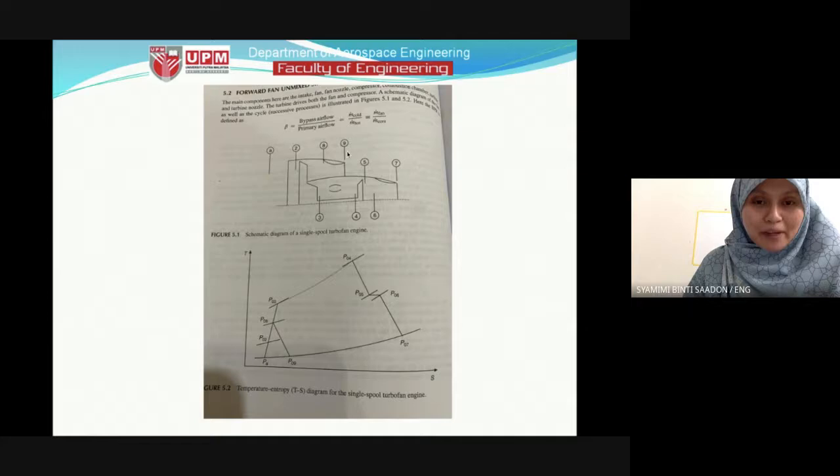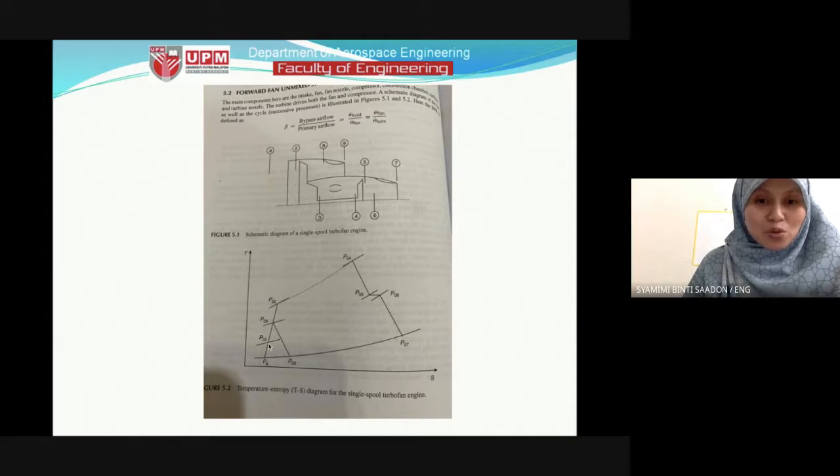So this is the bypass, and this is the core engine, the primary flow. So 8 to 9 is this one. It is a bit different.